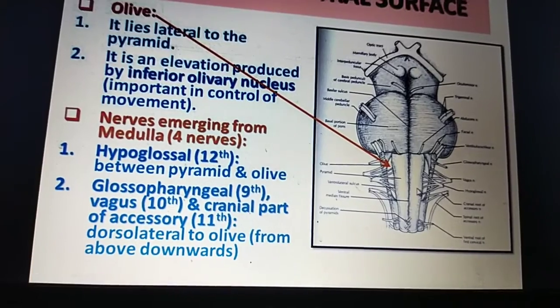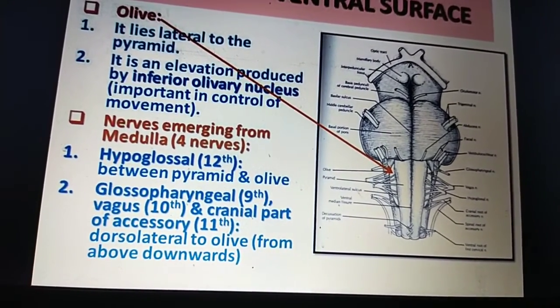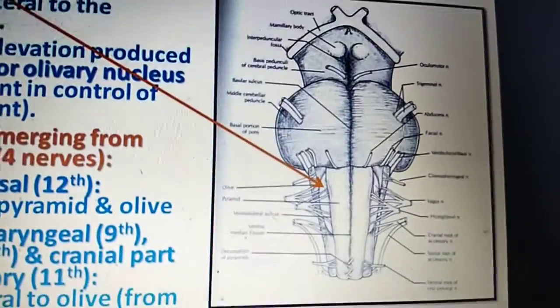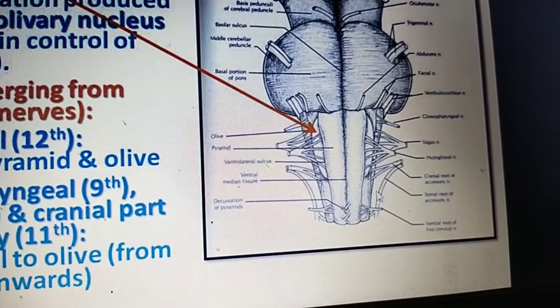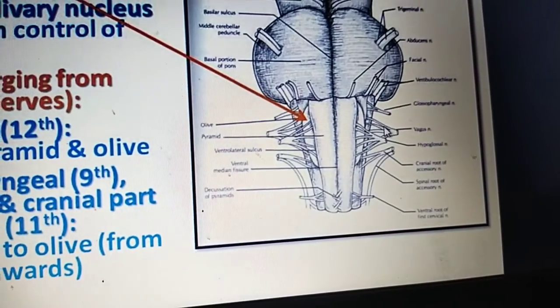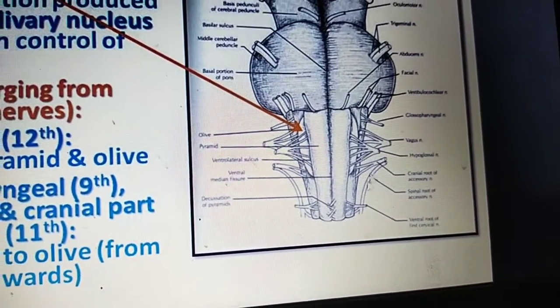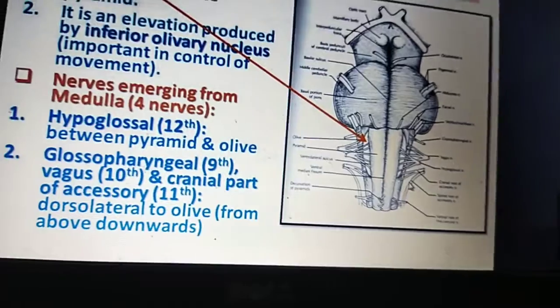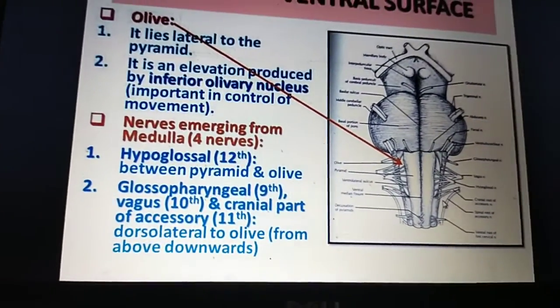All originate in between the pyramids and olive. You can see very clearly here, these are the cranial nerves. This is the hypoglossal nerve, this is the vagus nerve, this is the glossopharyngeal nerve, and this is the accessory cranial nerve. Okay, you can go to the next slide.